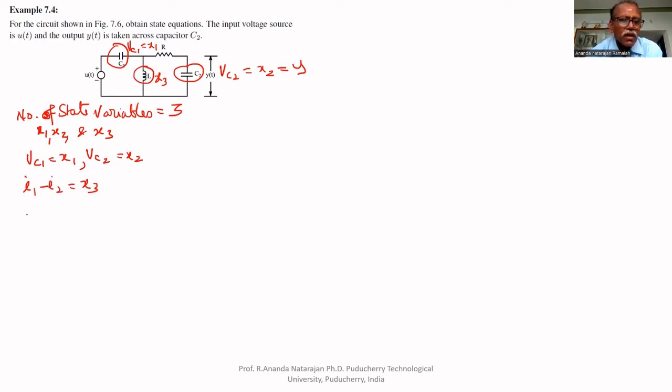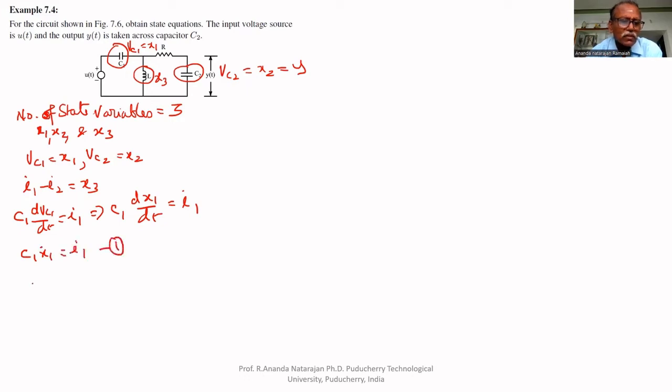But I1 equal to C1 dVC1 by dt, that is equal to I1. That implies C1 dx1 by dt equal to I1, or C1 x1 dot equal to I1.